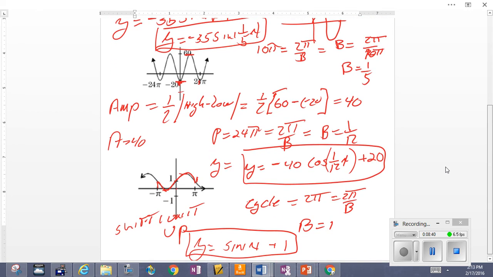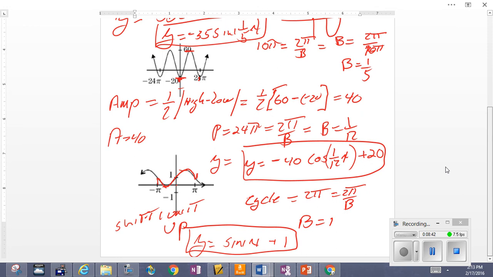And this last one, which has minimal modifications, is simply shifted 1 unit up, with no alteration in the amplitude and no alteration in the period. So that'll do it.